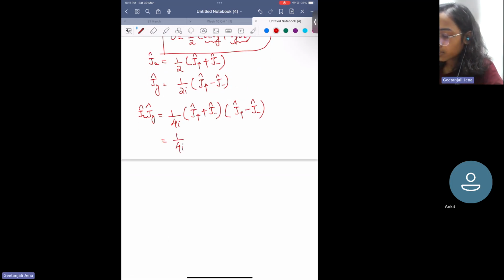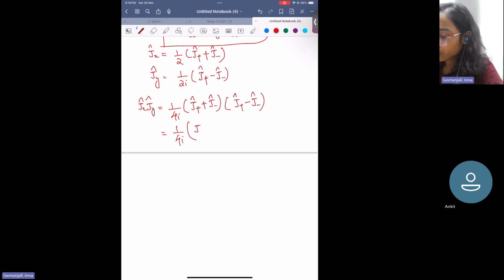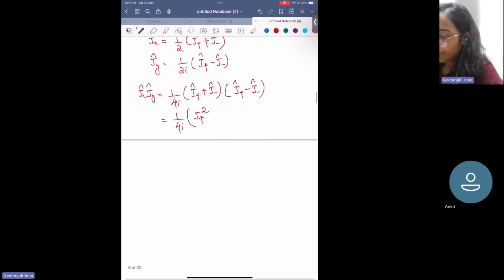You know that these J plus and J minus are not compatible operators, so you have to multiply term by term. So you will get J plus squared minus J minus squared, plus J minus J plus minus J plus J minus.